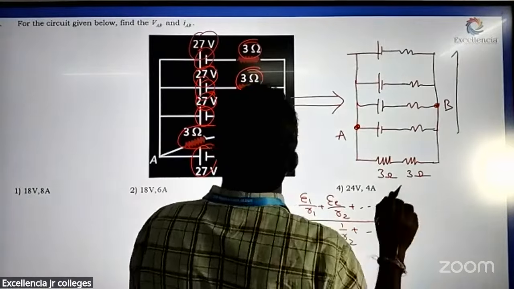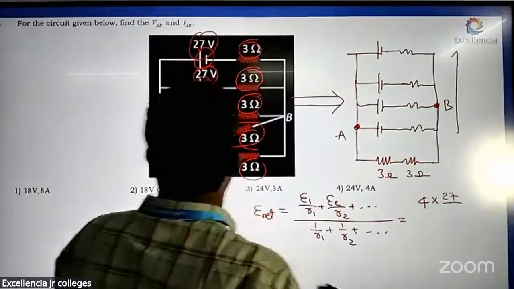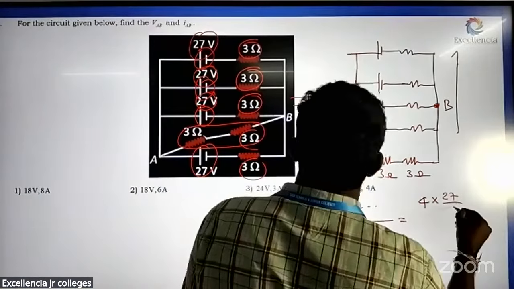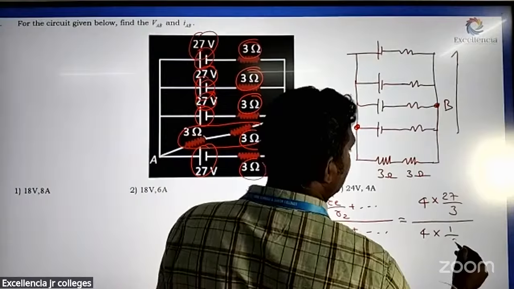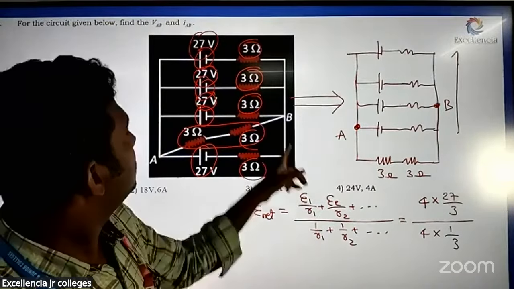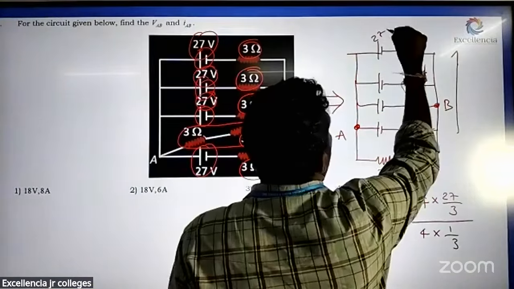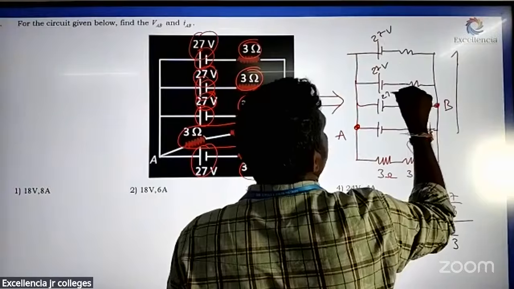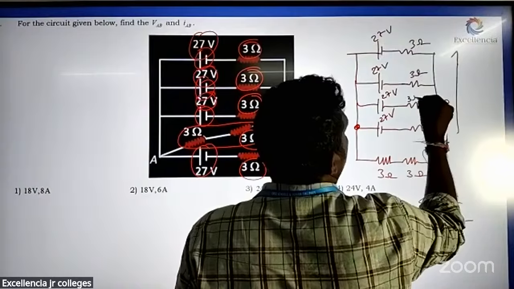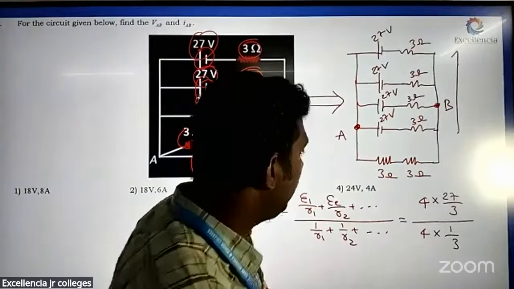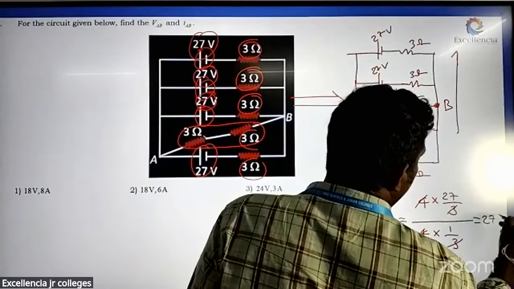So how many are there? 4 into 27 by 3, divided by 4 times 1 by 3, because the internal resistance for all units is 3. Now calculate this value. Net EMF we are getting as 27.